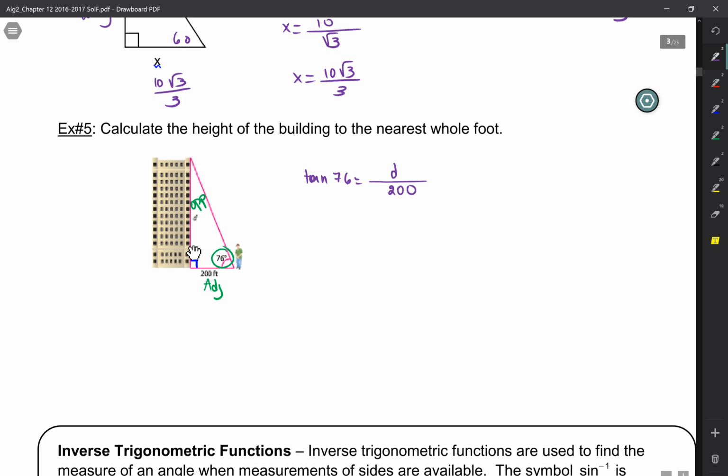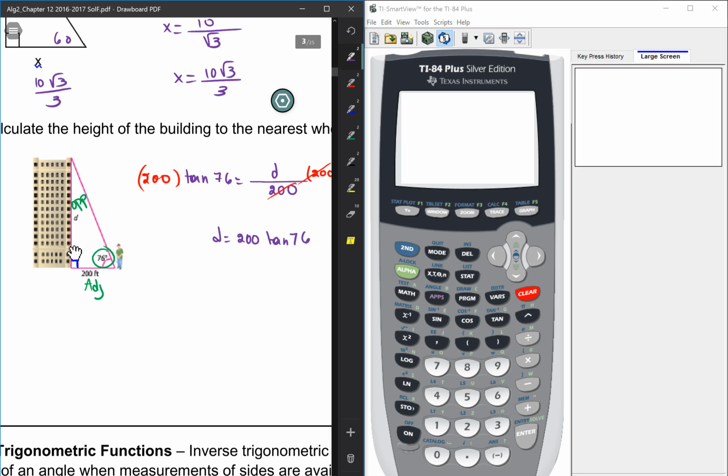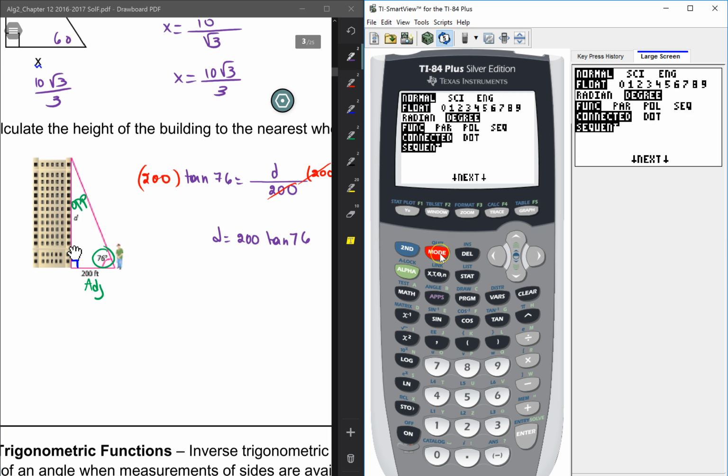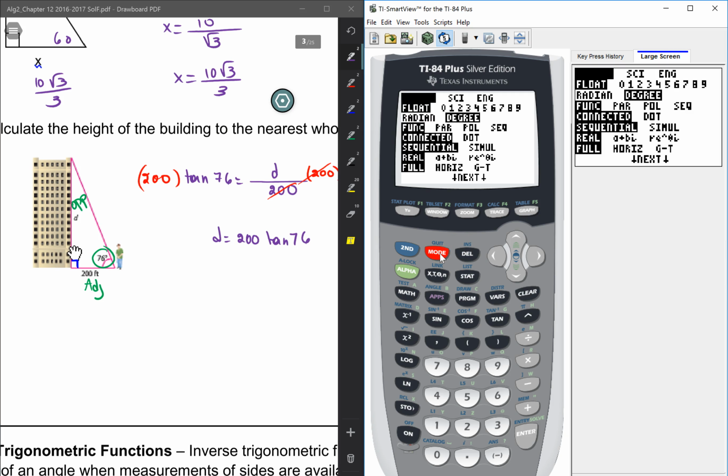And now, how do I solve for this? You multiply both sides by 200. And then we're going to put it in our calculator. So D is going to be 200 tangent of 76. Before you do anything, press mode. Make sure you are in degree mode, not radian. So go to that third line, go over degree and hit enter.